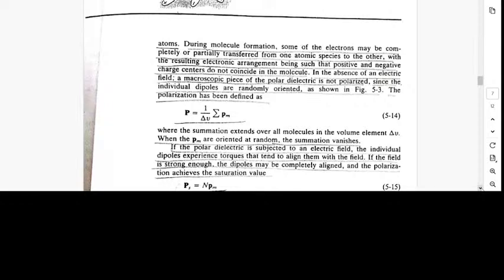And this summation extends over all the molecules in the volume element delta V. And the Pm means dipole moments are oriented at random, just like in figure 5.3. Their arrangement, their orientation, their direction is random because there is no applied electric field to this material. That is why their orientation is random.